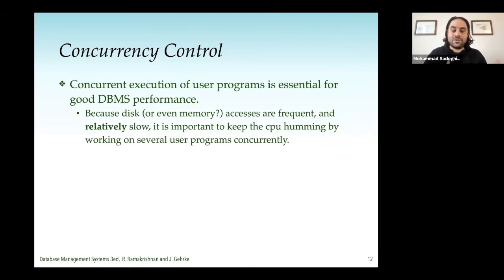Eventually, with enough requests, you could keep your CPU busy doing work, as opposed to sitting idle or looping on a random loop waiting for the data to arrive. That was the historical necessity to support concurrent execution.